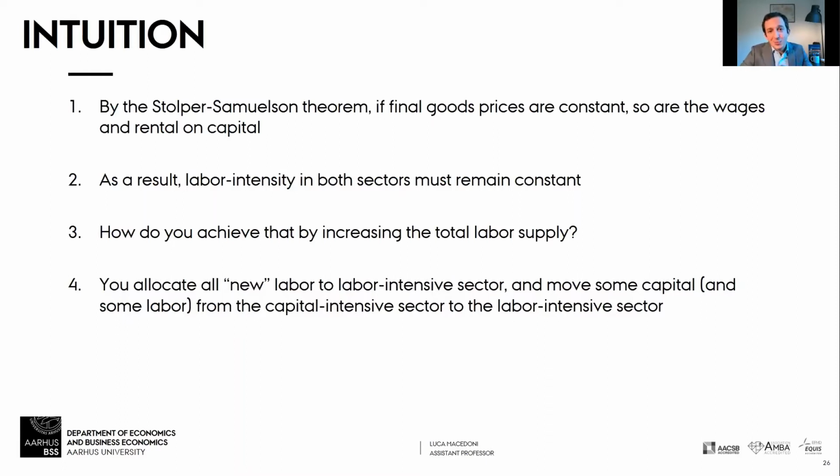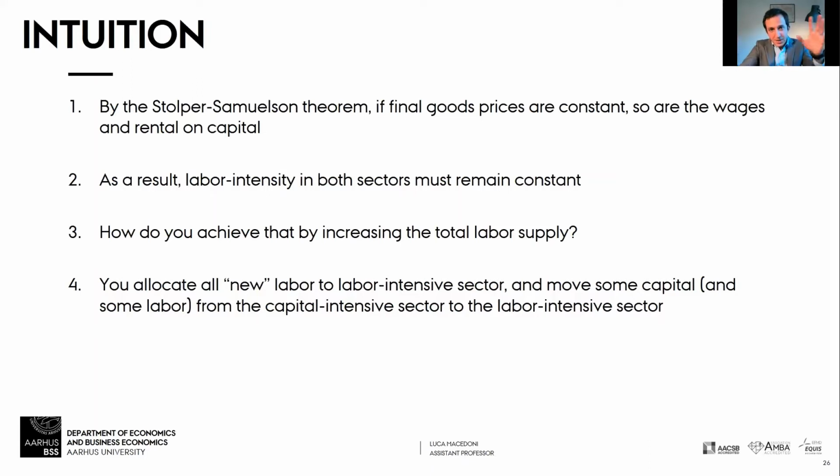To keep it constant, we need some capital, which will come from the capital intensive industry. But if in the capital intensive industry we take away capital, that's going to increase the labor intensity. We don't want that, and so we're also going to move labor. And this trick works because we're moving capital and labor from a capital intensive sector to a labor intensive sector.